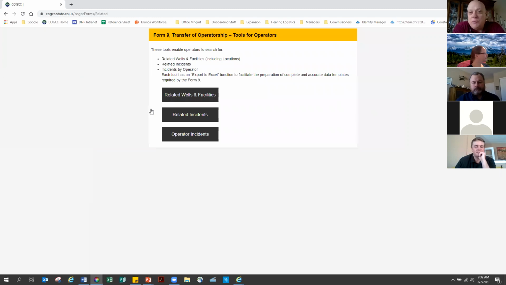This is where you would go to find all the related items, facilities, locations, wells, etc., that are associated with assets that are being transferred.